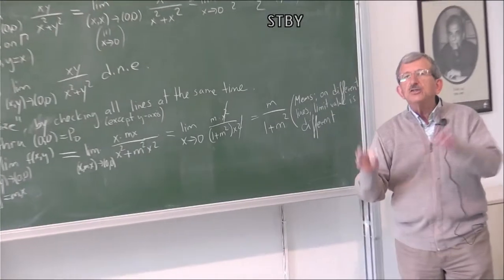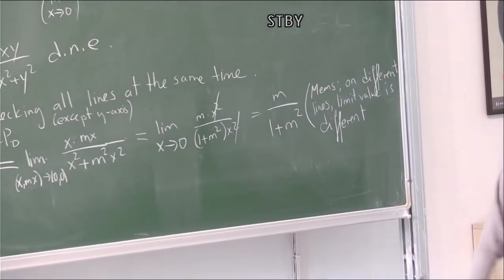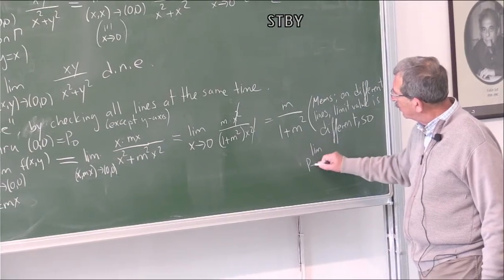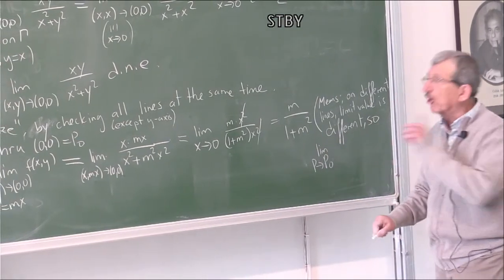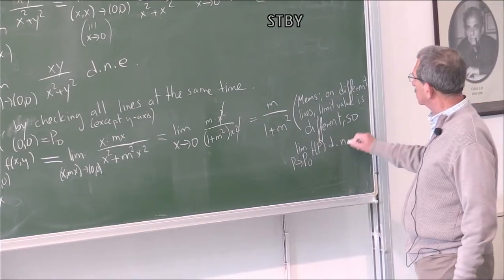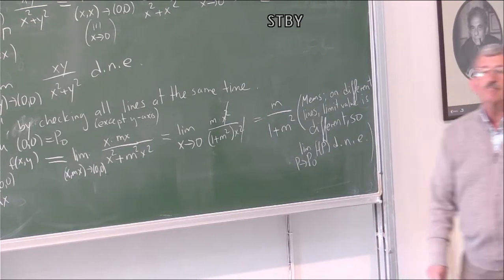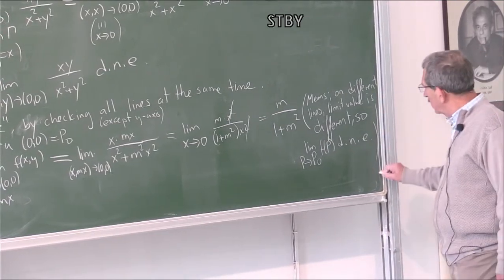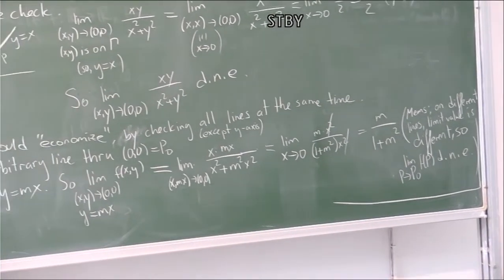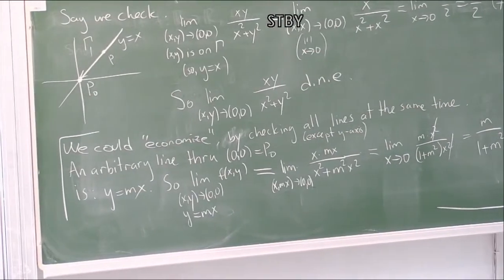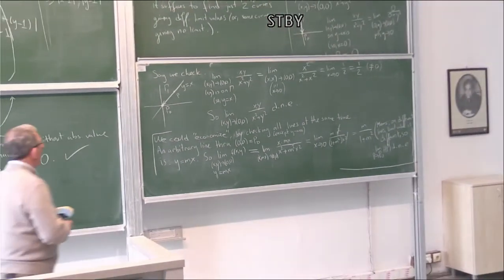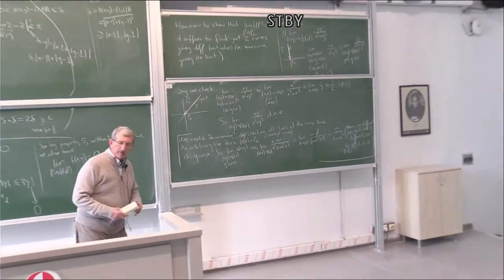So there are at least two of them which give different values. So the limit as p goes to p0, not on a curve, in general, of f(p) does not exist. This looks at all lines at the same time, so it's a very economical way of looking at the picture.